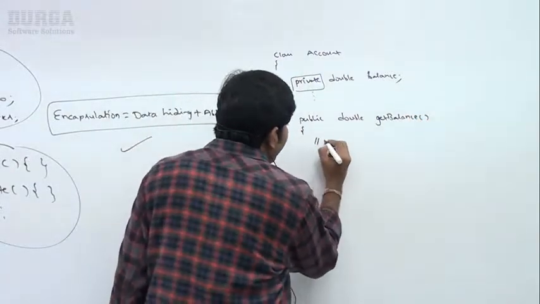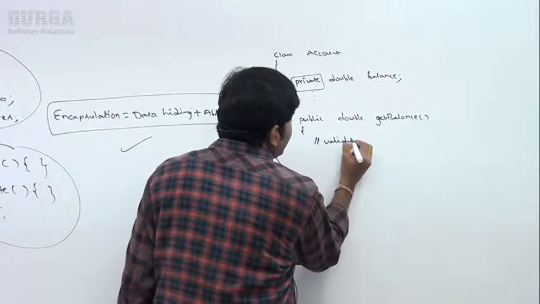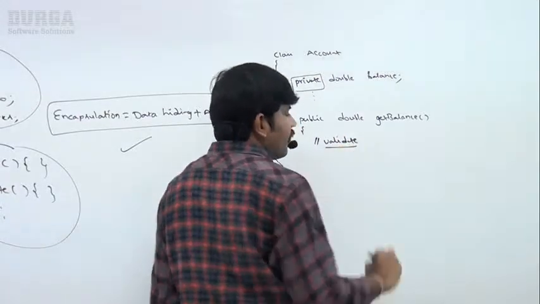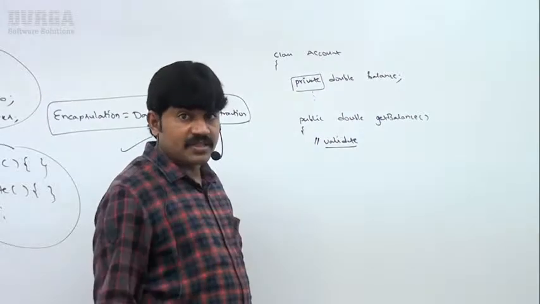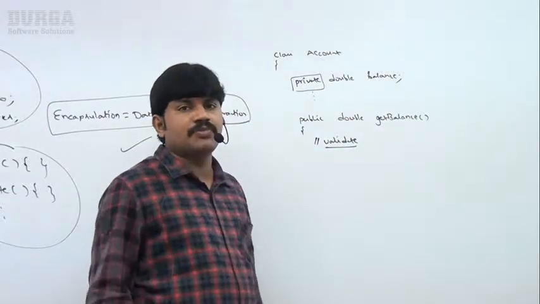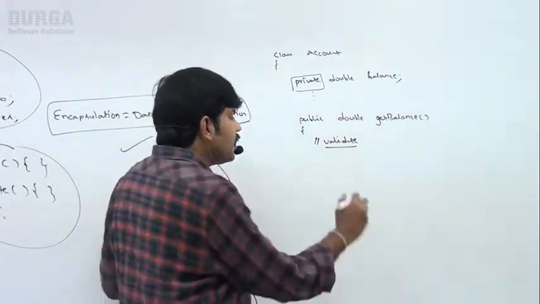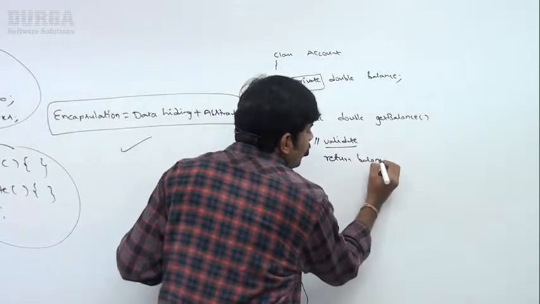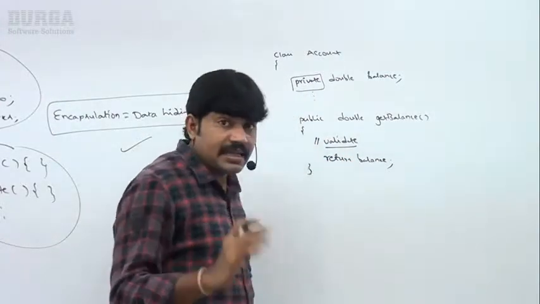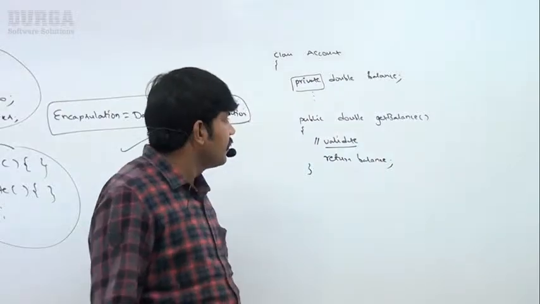Now validate. Sir, perform required validations, whether this person is the correct person or not, ask his username and password and so on. If this person is valid, return balance, like this, right?